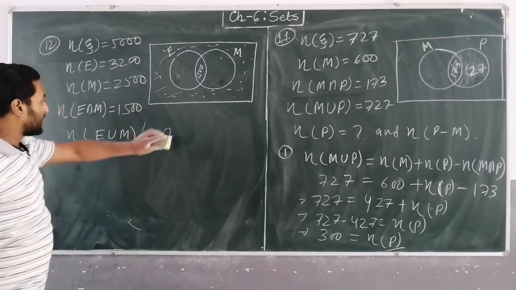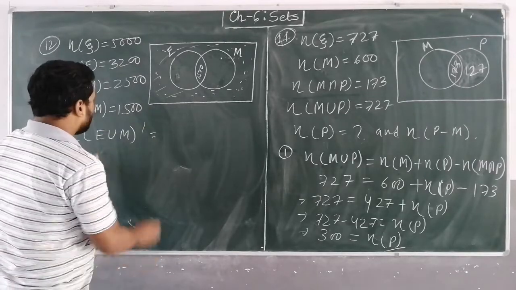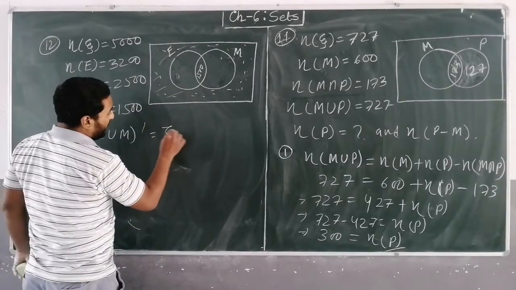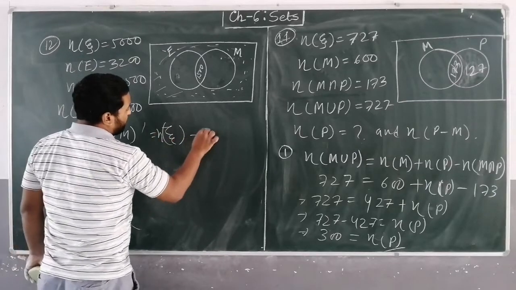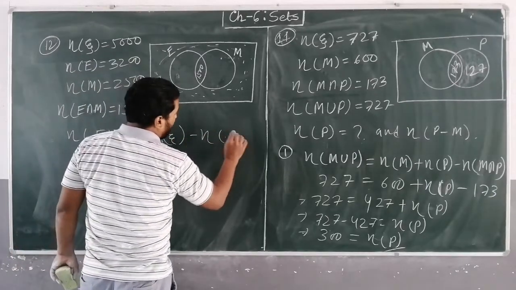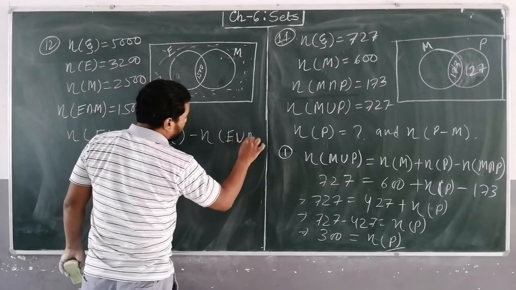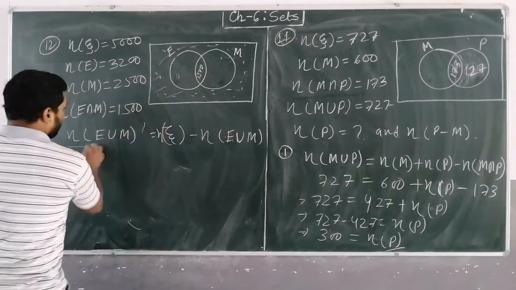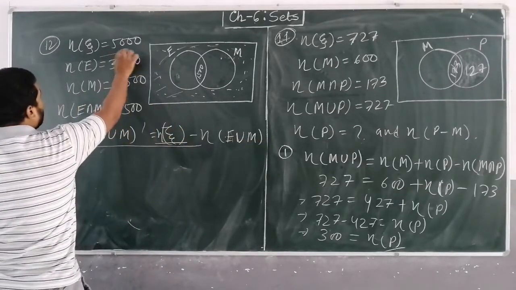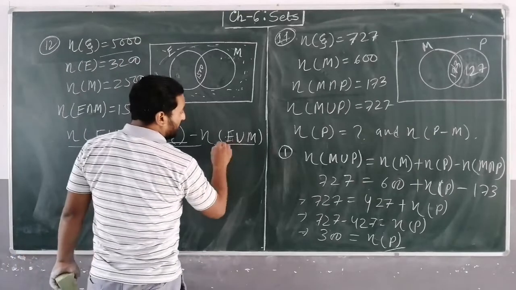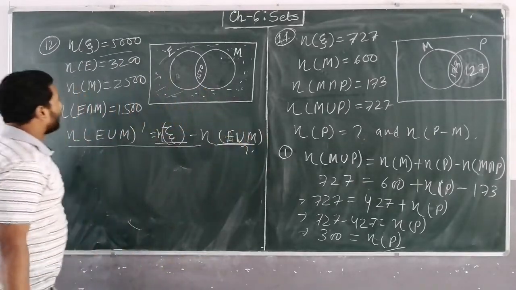And we know this relation: cardinality of E union M complement equals cardinality of xi minus cardinality of egg union meat. Cardinality of xi is given, but the union is not given, so you have to find that union.